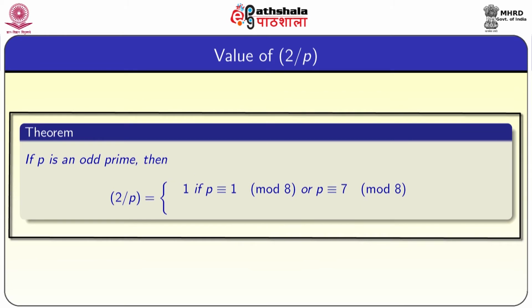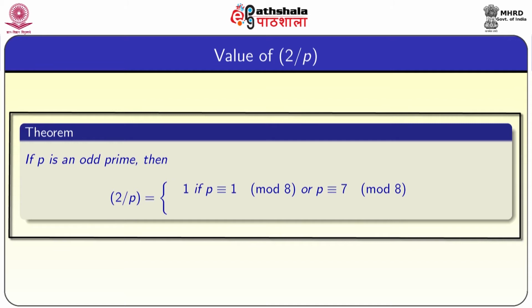Now, we are going to compute the values of (2/p). Here (2/p) means we are evaluating the Legendre symbol (2/p). That means we want to find out the primes for which 2 is a quadratic residue modulo p.